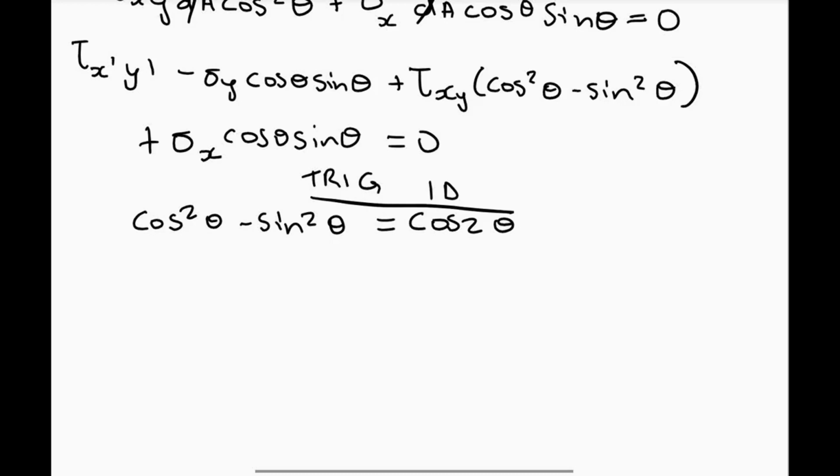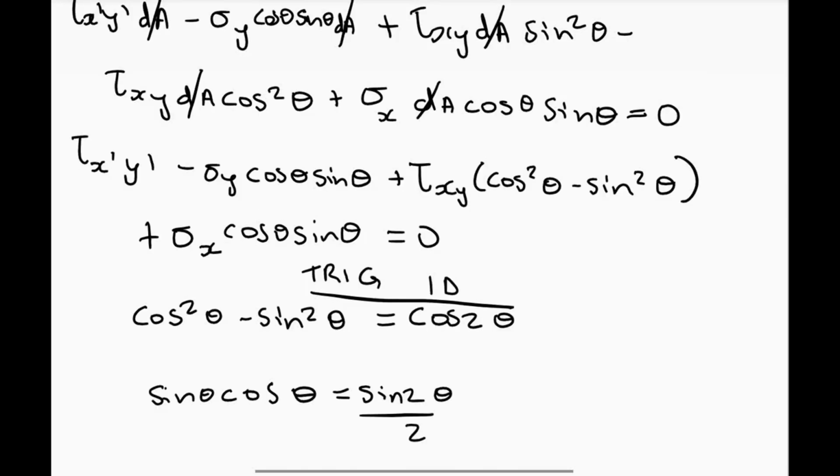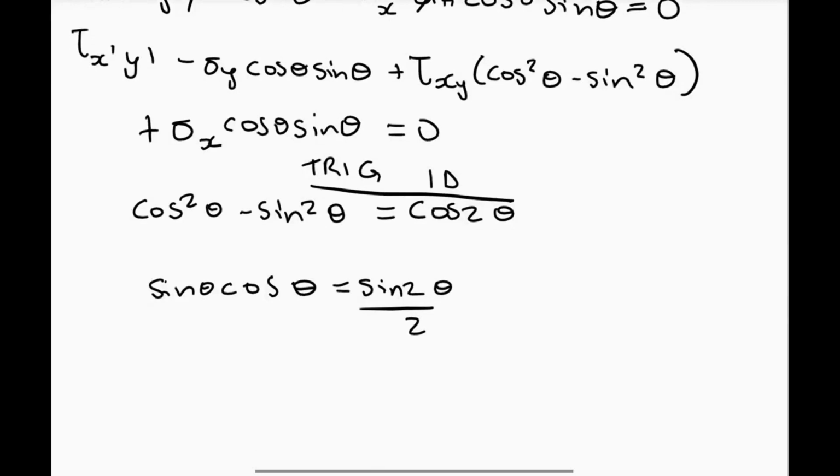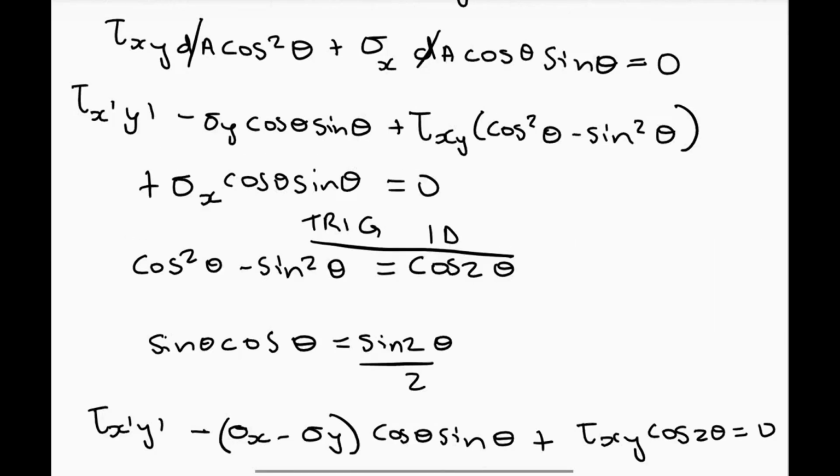Now from the trigonometric identities, remember that cos squared theta minus sine squared theta is cos 2 theta, and also sine theta cos theta is equal to sine 2 theta over 2. Now in my equation, I have both.